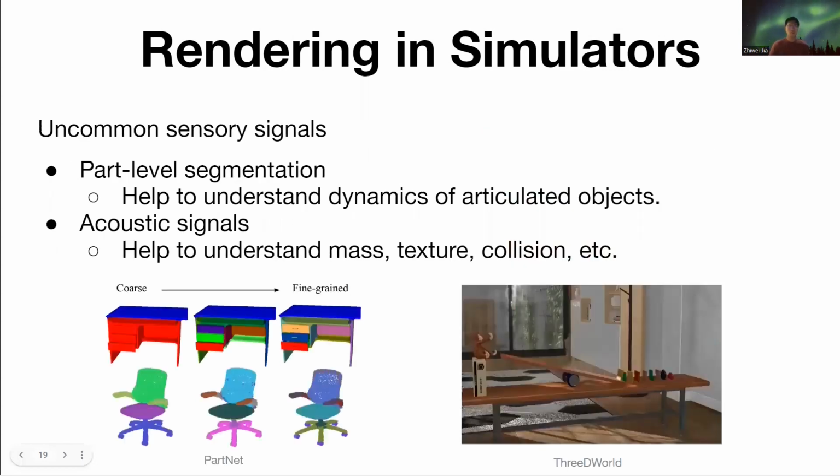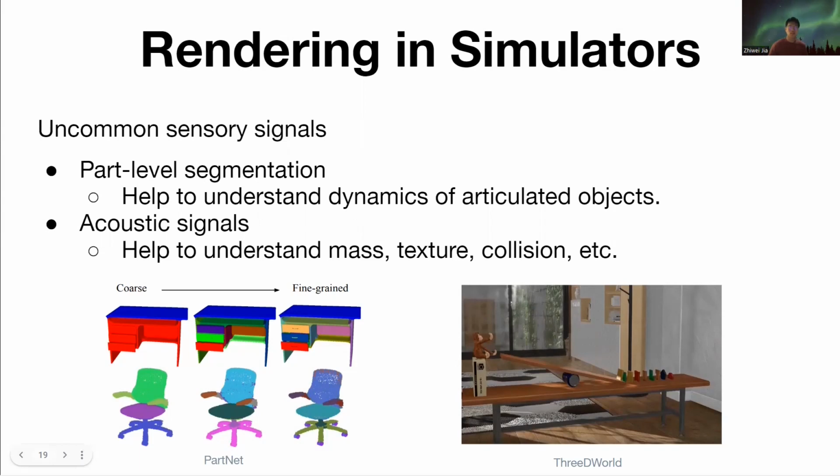There are also other uncommon sensory signals that are important for you to consider. For example, the part-level segmentation illustrated below on the left-hand side, which is an example from PointNet. In this example, each part of the desk and the chair is well labeled.